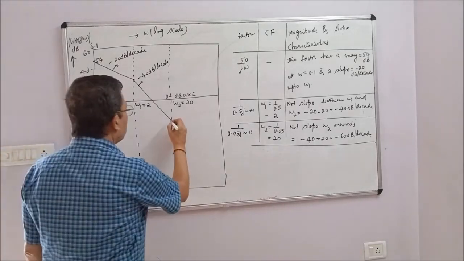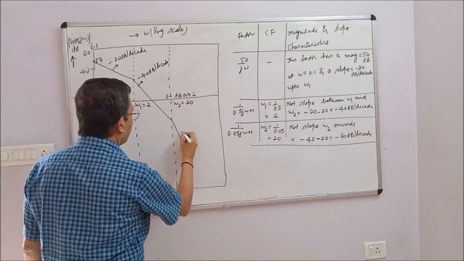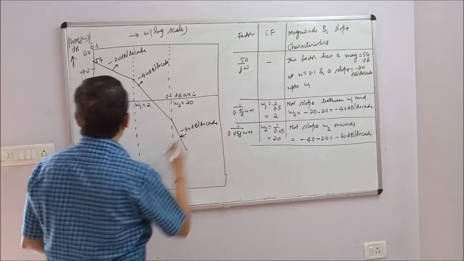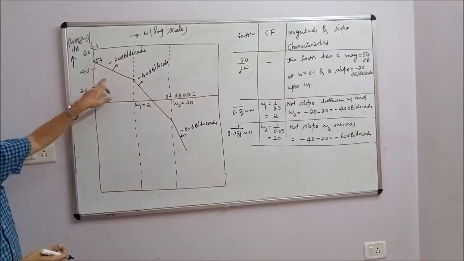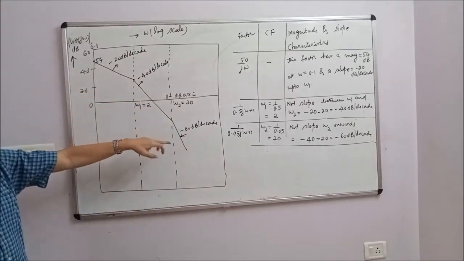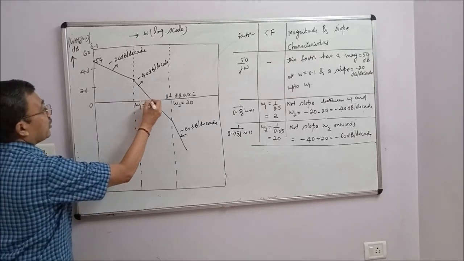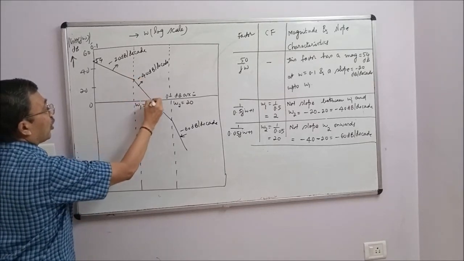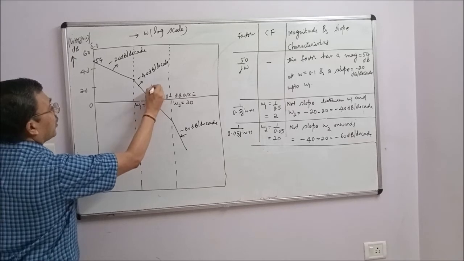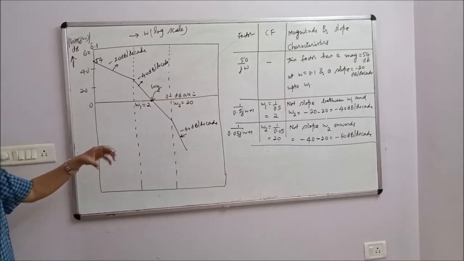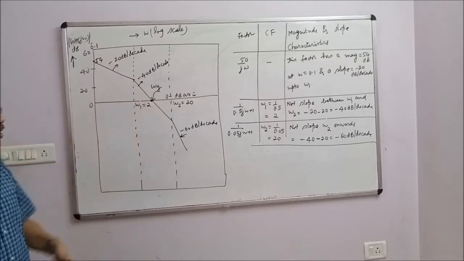Beyond omega 2, the slope is minus 60 decibels per decade. How these lines of slope minus 20, minus 40, minus 60 are drawn shall be explained with respect to a semi-log sheet. The magnitude diagram crosses the 0 dB axis at a frequency omega g. That frequency we will come to know once we draw this onto a semi-log sheet.